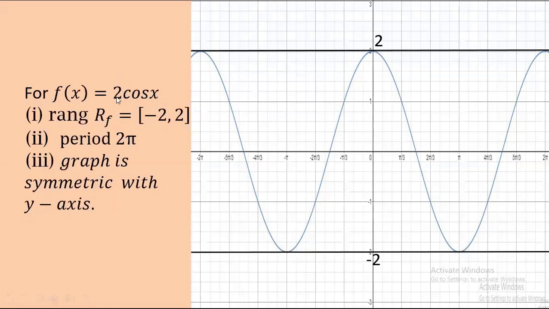That is the range. The range is increased, as you got here, minus 2 to 2. No other change happens to its shape, so it remains symmetric. So all three options are correct.